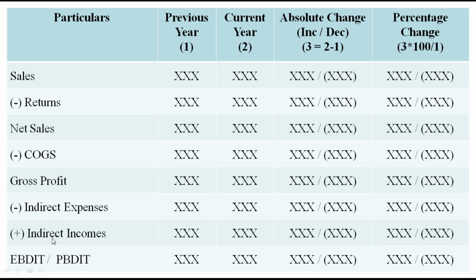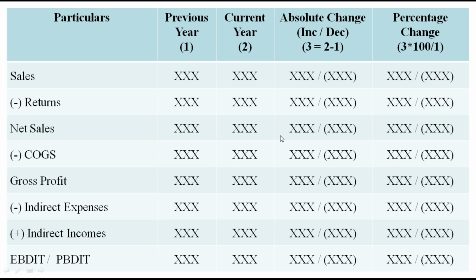Then indirect incomes are the incomes generated by an office. It may include discount received, rent received, and so on. Commission received is also one of the important examples of indirect income. Then when you subtract indirect expenses and add indirect income to gross profit, the figure that arrives is called EBDIT, that is earning before depreciation, interest and tax, or profit before depreciation, interest and tax.